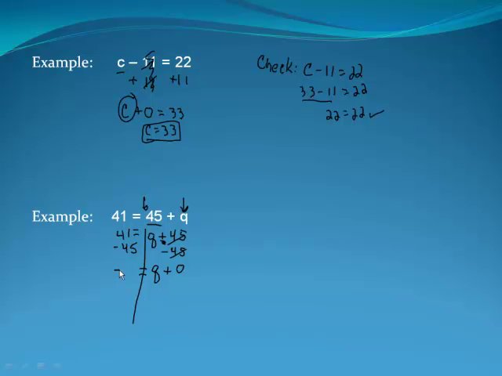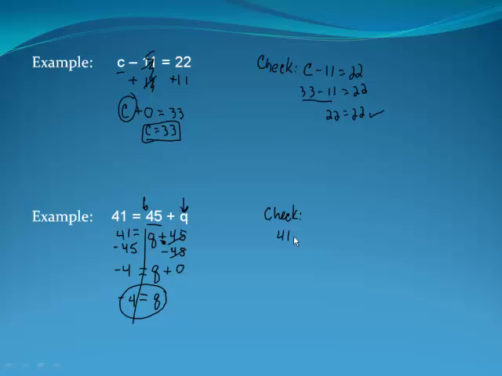So that's a shorthand way to write that same thing. Left-hand side, do the math. 41 minus 45 is negative 4. And on our right-hand side, because we've got that q now isolated, that's our goal. Isolate your variable. That is our solution. Q is equal to a negative 4.